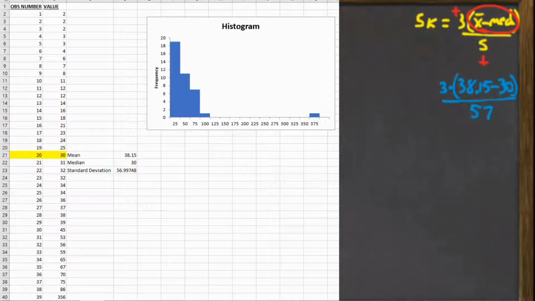So if we have data that's all bunched in there from 0 to 10, and we have a mean that is 4 more than the median, that might be really large, right?